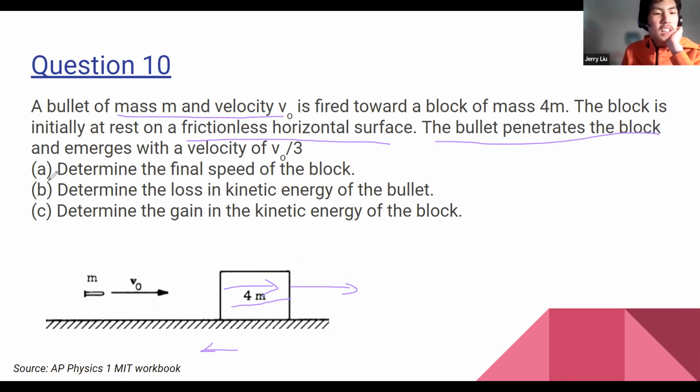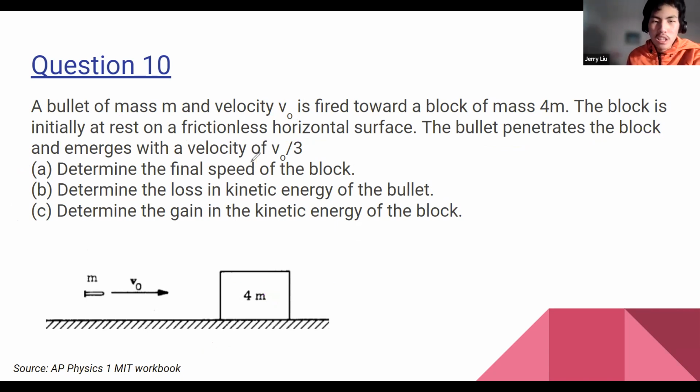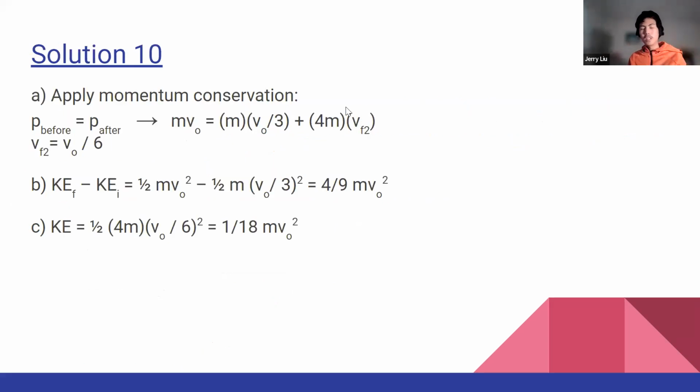Okay, and then there are a few parts here: determine the final speed, the loss in kinetic energy, and the gain in kinetic energy of the block. Since they don't give you numbers, you're supposed to express these as algebraic expressions in terms of v0 and m, because those are your two variables. I'll draw the diagram if it confuses any of you, but here you're still going to apply conservation of momentum.